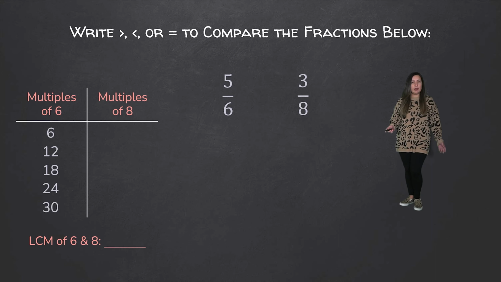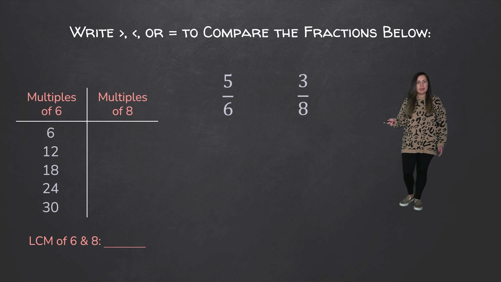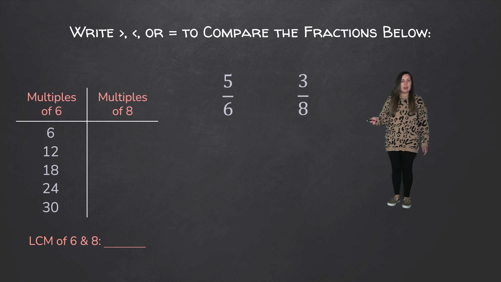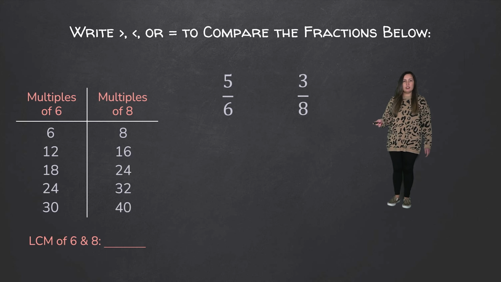Obviously, we could keep going, but that might be all we need. And some multiples of 8 are 8, 16, 24, 32, and 40. Obviously, we could keep going here, but we don't have to, because the smallest number they have in common is 24, making 24 our least common multiple.